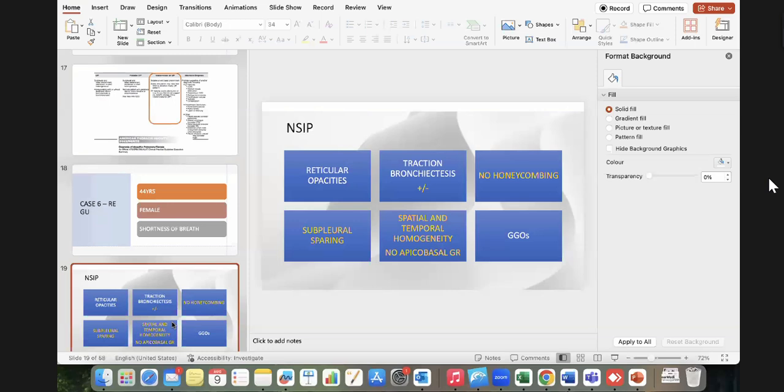There is definitely no honeycombing. There is subpleural sparing, and there is spatial and temporal homogeneity. You could see that the findings were almost similar on both sides with subpleural sparing. It is not that there were findings in the central distribution and findings in the peripheral distribution. They are predominantly peripheral, and GGOs might be there.